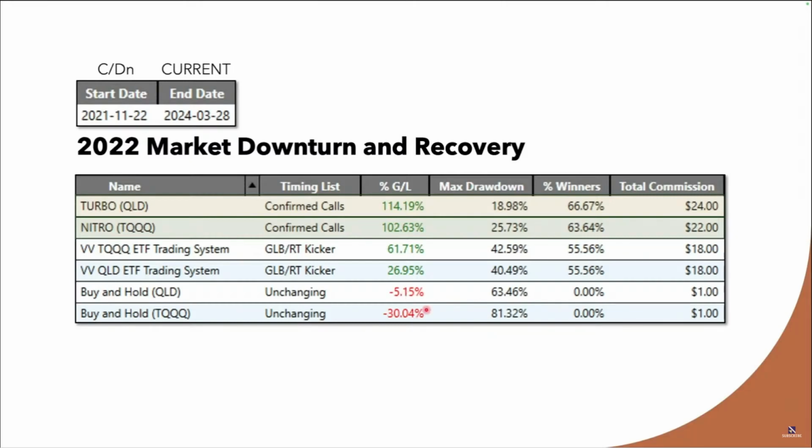So anybody buying and holding at 2022 has still not made their money back. In fact, the person holding TQQQ is still down 30%. And to me, that would be heartbreaking. Like, I can see the market moving, but I'm not getting my money back here. So what's going on? This is another time when systems will really help you out.